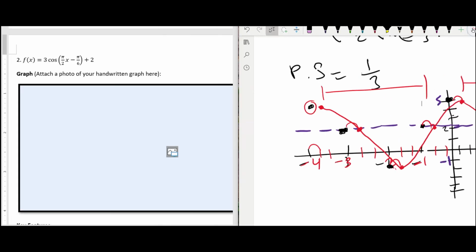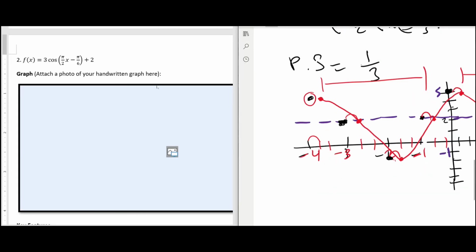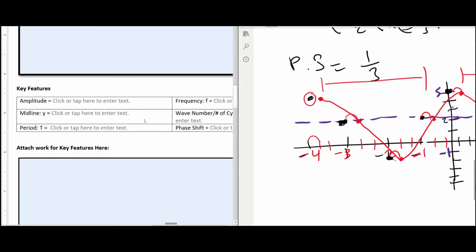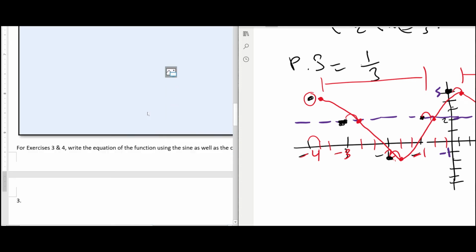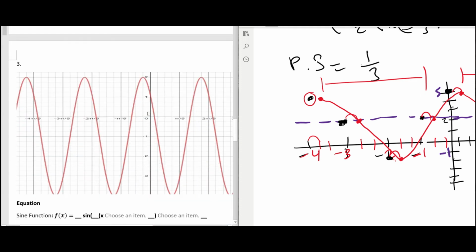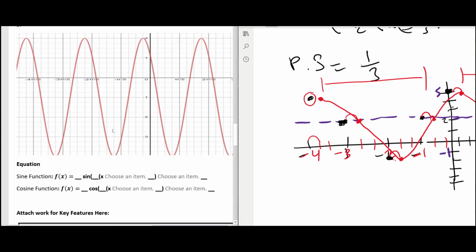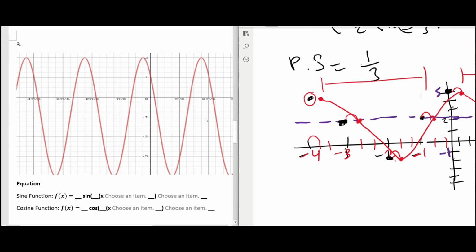All right, so that's it for the graphing. That's how you do the graphing and the key features. So now let's go ahead and show you how to do the equation from the graph. So if I were to look at the graph, how would I find the equation for the sine or cosine if I'm given the graph, right? That's what we want to find out here.